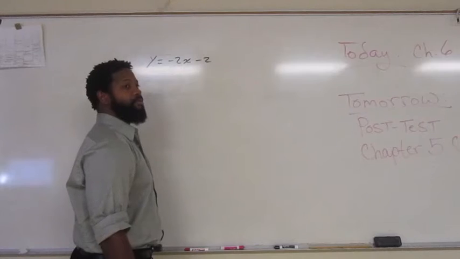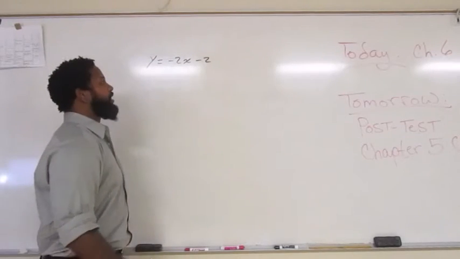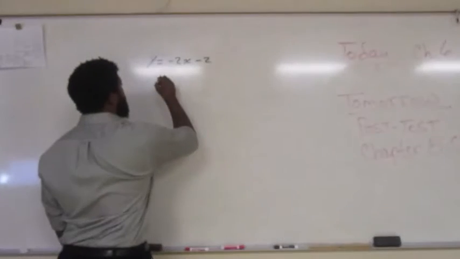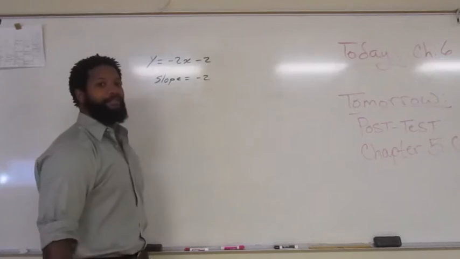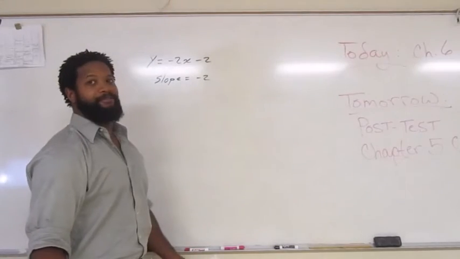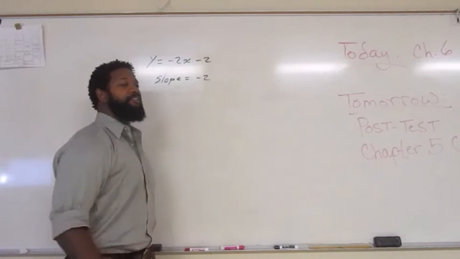I told y'all to get your papers out. Say it louder. Negative 2. The slope is equal to negative 2. Y equals mx plus b, and the m is the slope. Say it louder so that everybody can hear you.